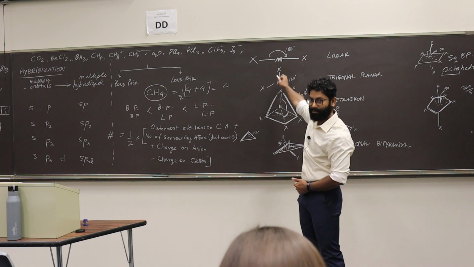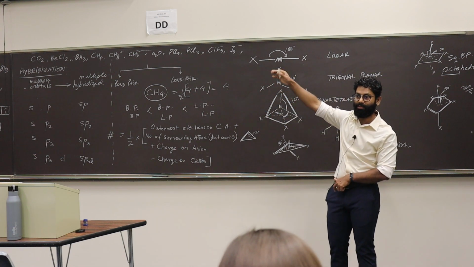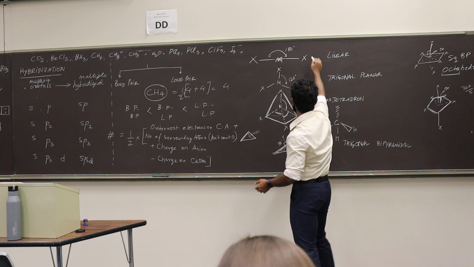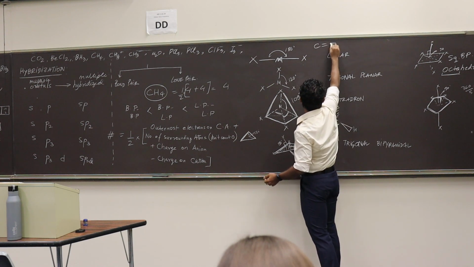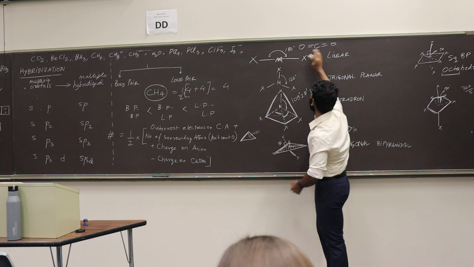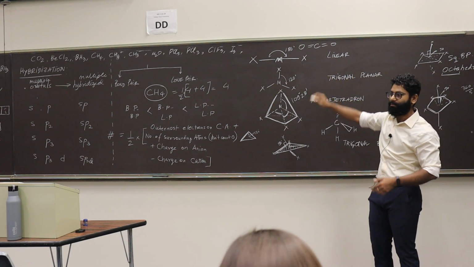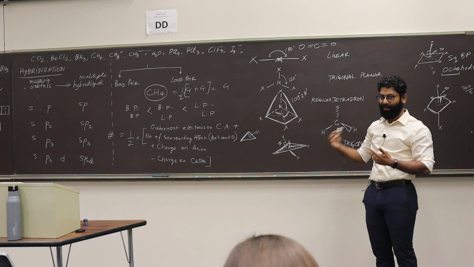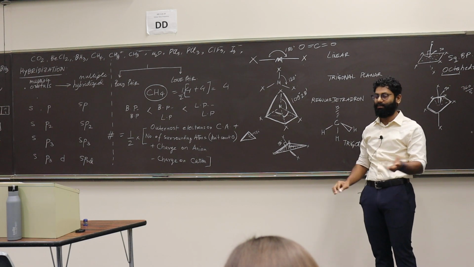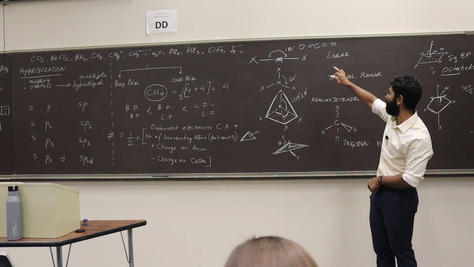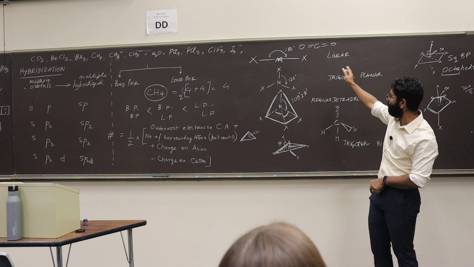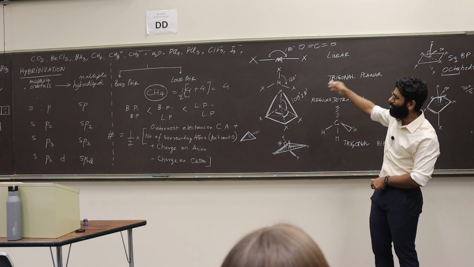Oh yeah, I'm sorry. For 2, linear, right? So CO2 is linear. In this case the bonds will be double bonds, but we'll see when one of them is a double bond and the other is a single. But in this case, this is linear and this is CO2. This is how it is.